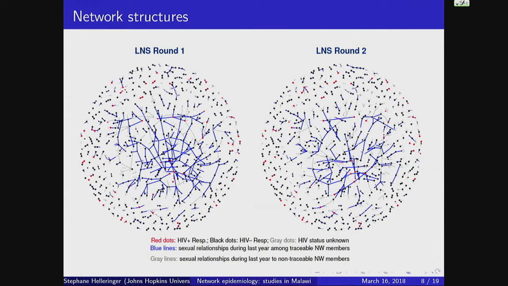So those maps then allow us to describe the structure of the network the way Justin was describing, identify which individuals or which groups play a key role in connecting networks and in allowing HIV to transmit within those networks.